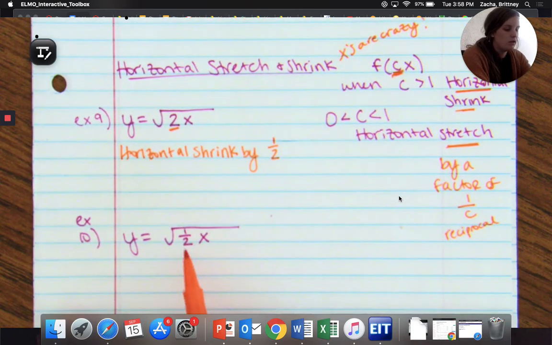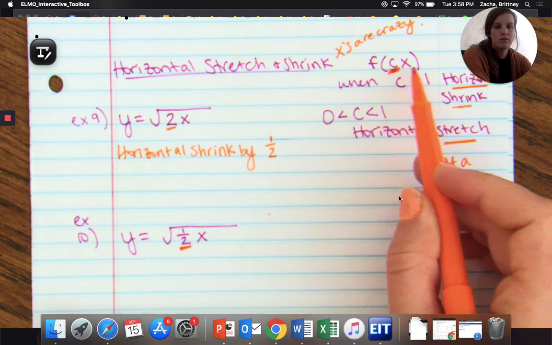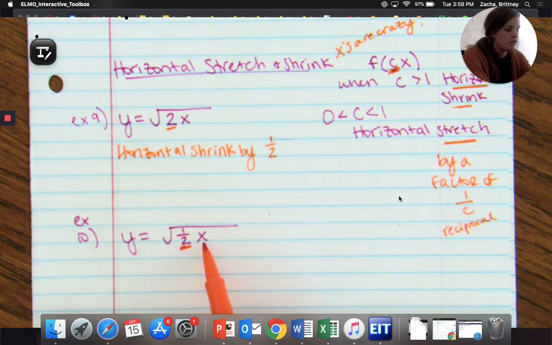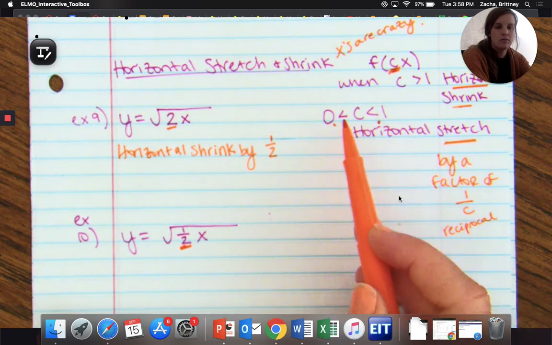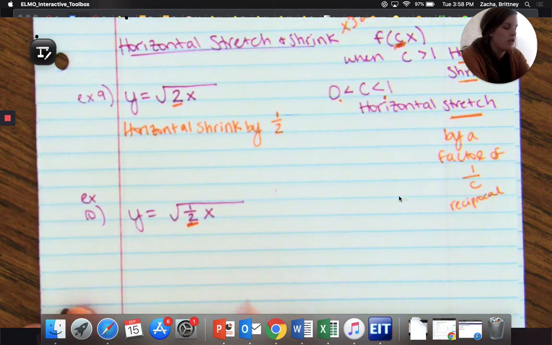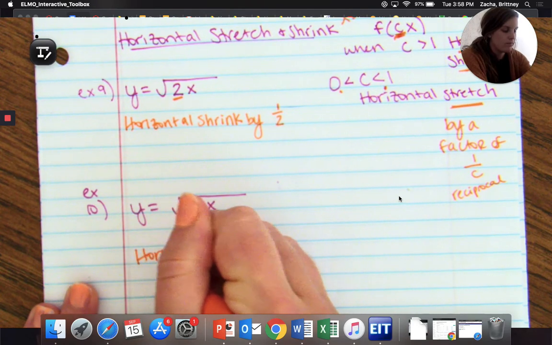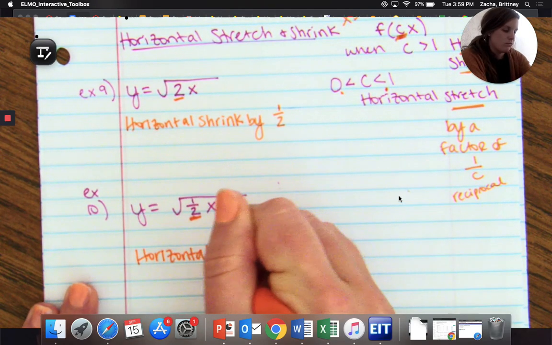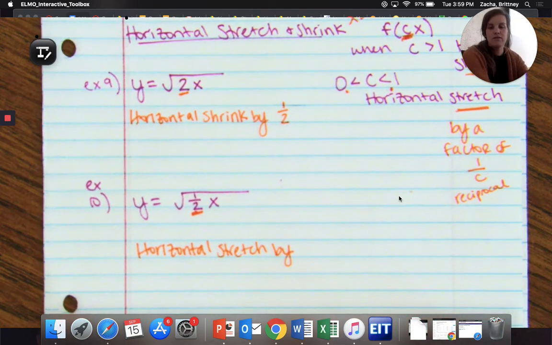So here, looking, the c right here being multiplied to the x inside our function is between 0 and 1. It's bigger than 0, less than 1. So therefore it's going to be a horizontal stretch. And then we want to know by how much, what's the factor.